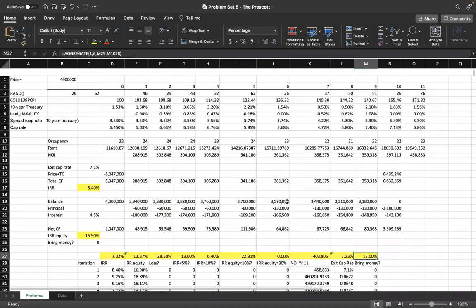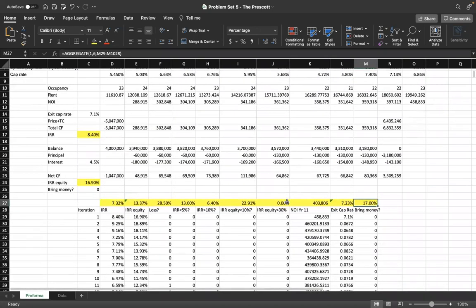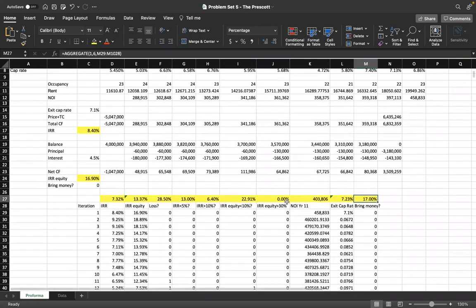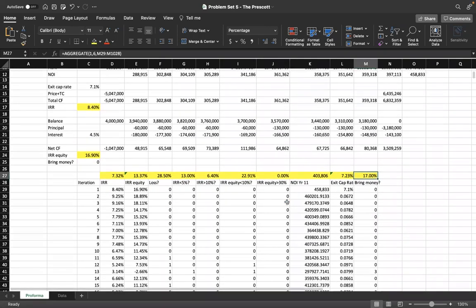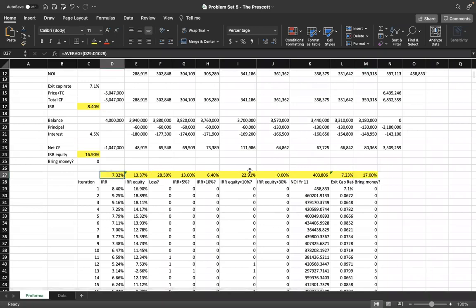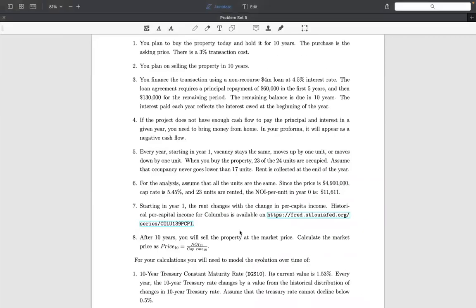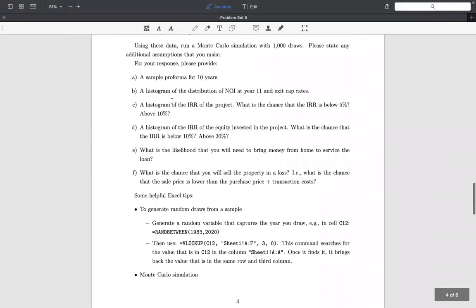So yeah, that's it. Something I find is, in the problem set, it asks you for a sample pro forma, which is what I already showed you in Excel, and a histogram of the distribution of NOI at year 11 and exit rate.